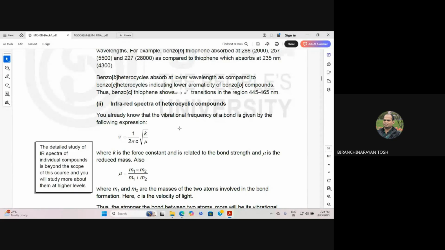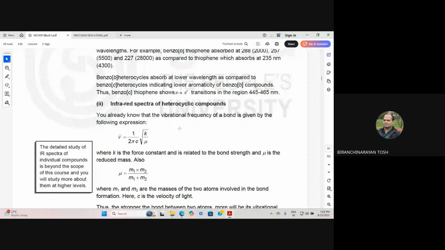As you know, each electronic level contains some vibrational energy levels and also rotational energy levels. When the vibrational energy level changes by absorption of infrared radiation, obviously the rotational energy level will also change. So this is known as rotational-vibrational spectroscopy or infrared spectroscopy.